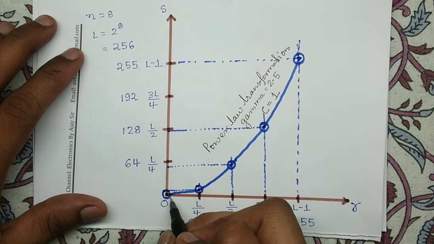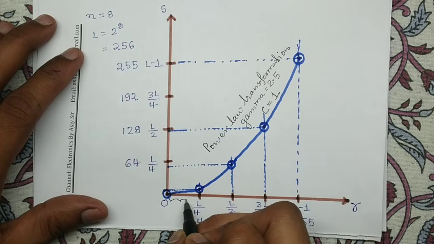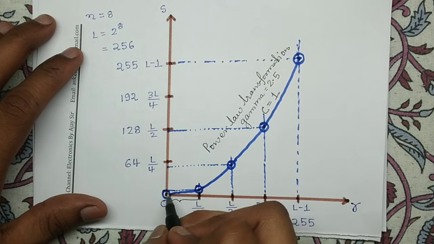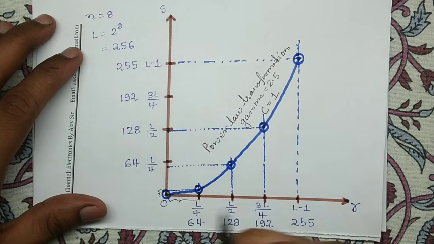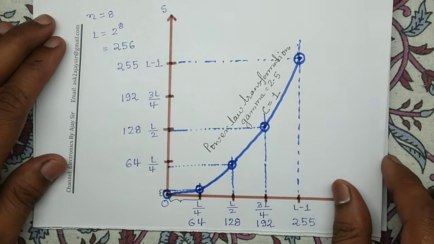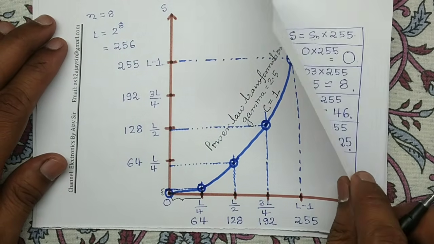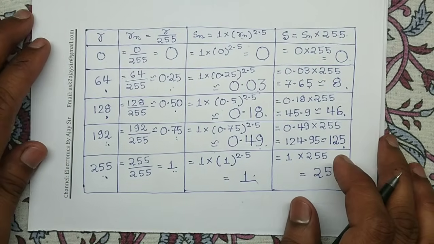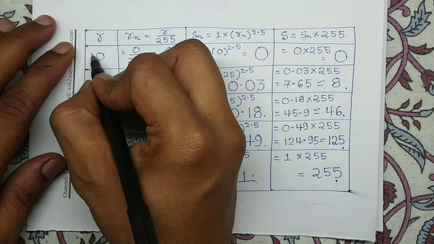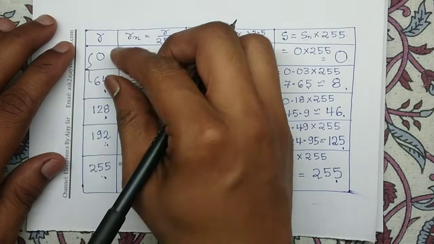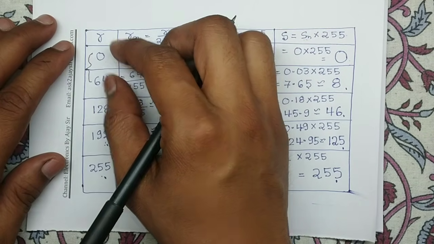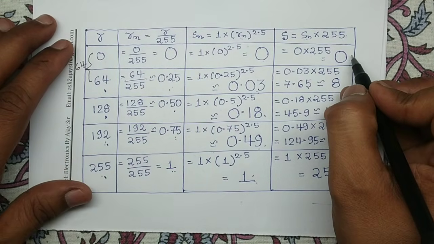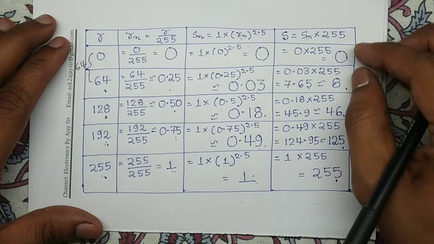In the input side, when the intensity value changes from 0 to 64, in the output side, the change in the intensity value is very small. You can observe in this table also, when r varies from 0 to 64 in the input side, my difference is 64, but in the output side, s varies from 0 to 8.